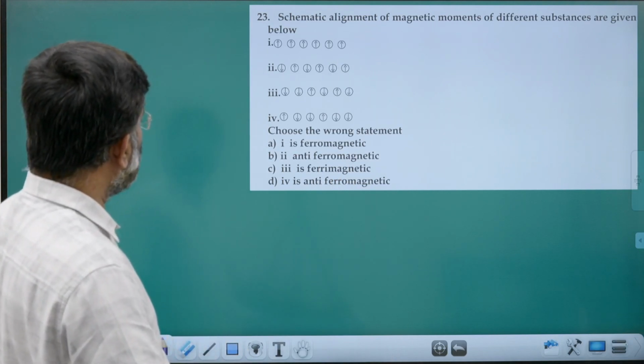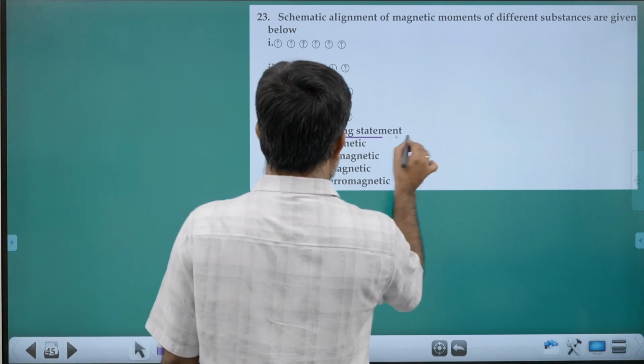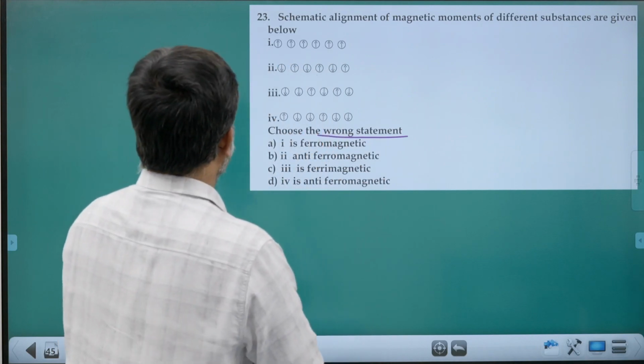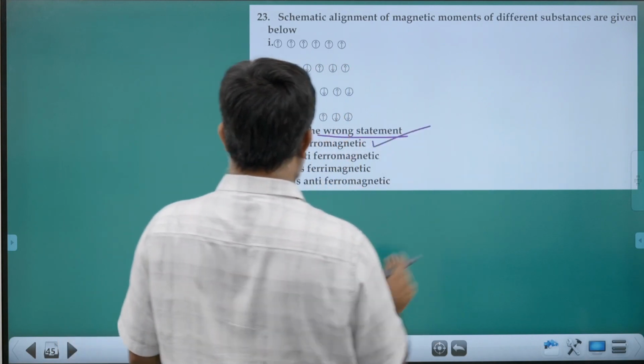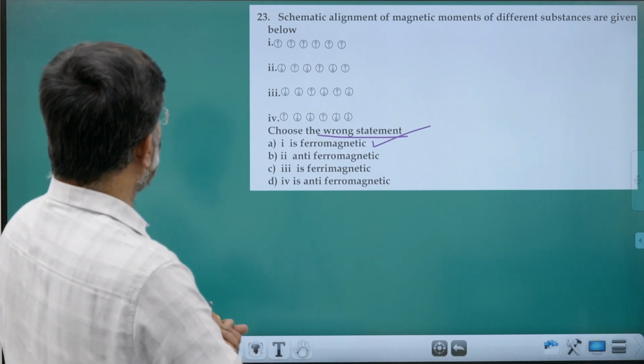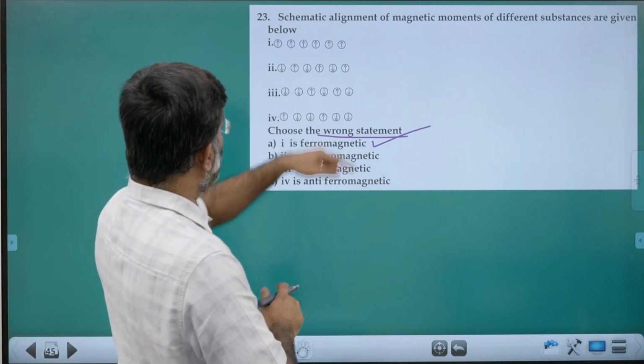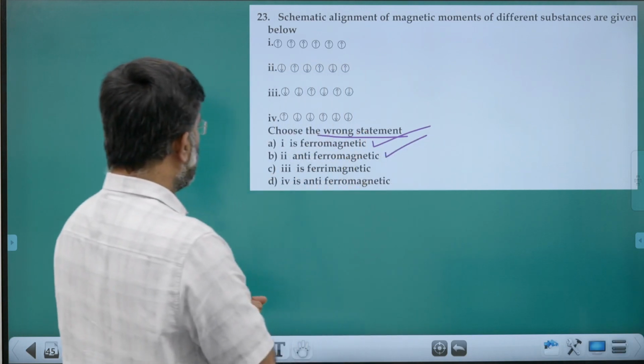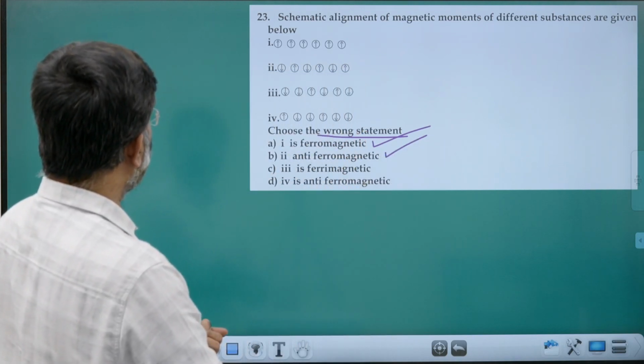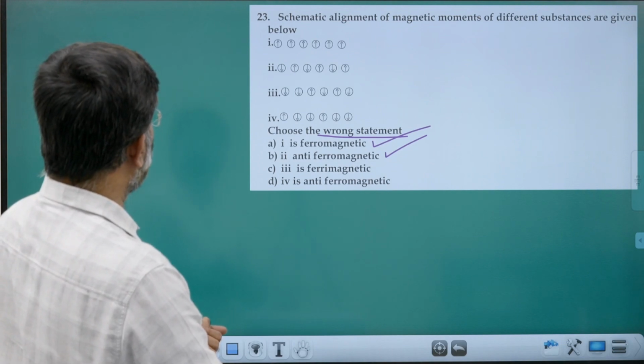So option 1, choose the wrong statement. 1 is ferromagnetic, that is true. 2 is antiferromagnetic. Down, up, down, up, down, up, that is true. 3 is ferrimagnetic.